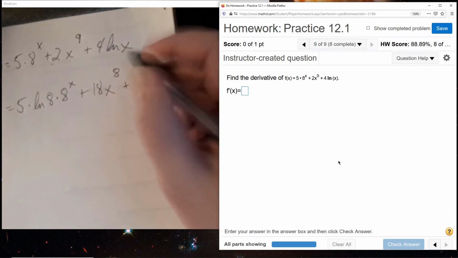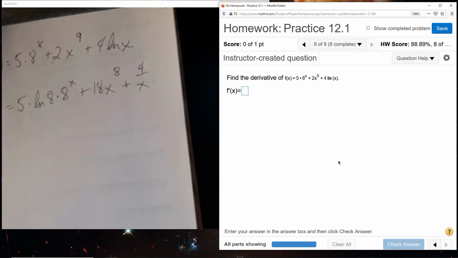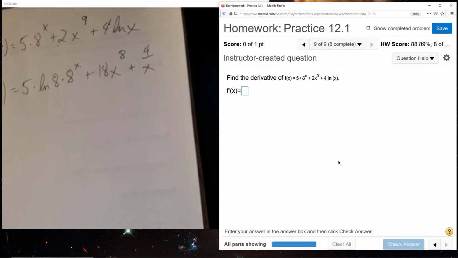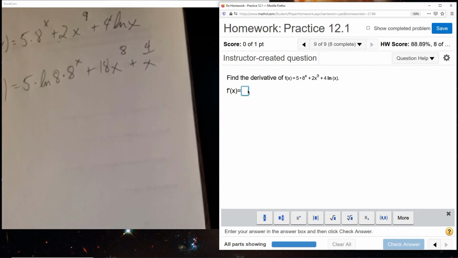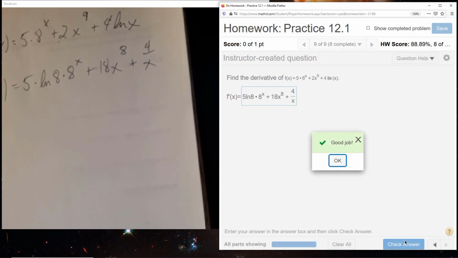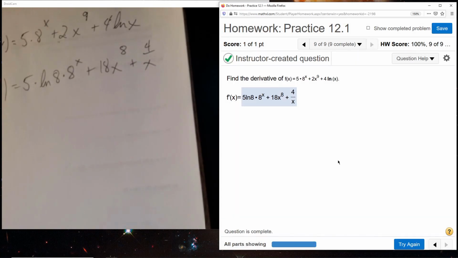And the derivative of natural log is 1 over x times the coefficient there. And there is practice 12.1.